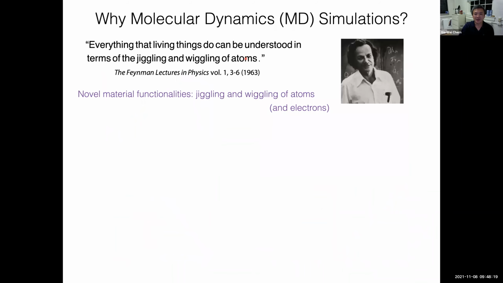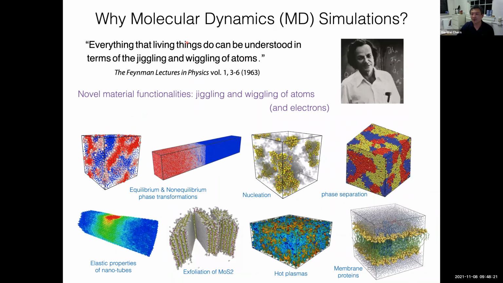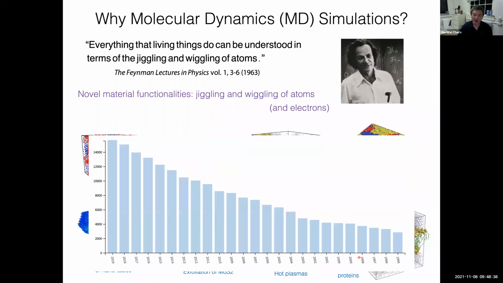Molecular dynamics is very important in materials science and all kinds of physical science. People use molecular dynamics to study equilibrium or non-equilibrium phase transformations, nucleation phenomena, and elastic properties of nanotubes, membranes, proteins. You can see that the number of molecular dynamics papers steadily increases with time.